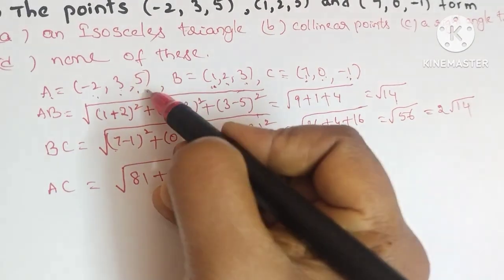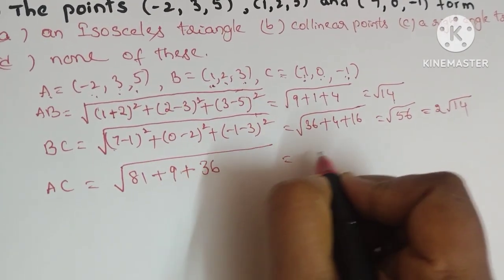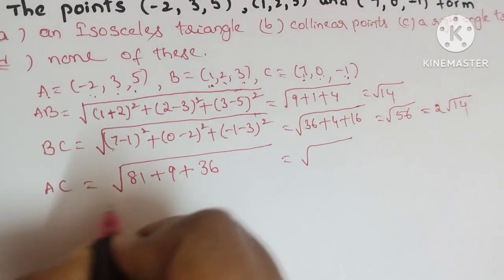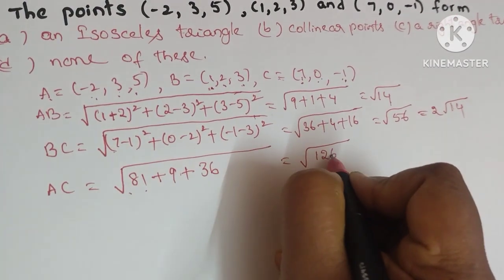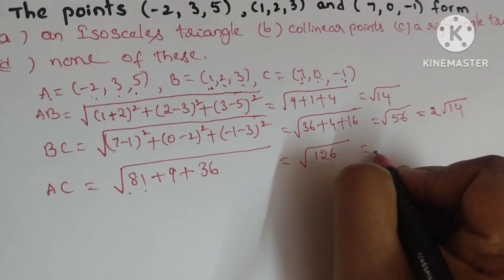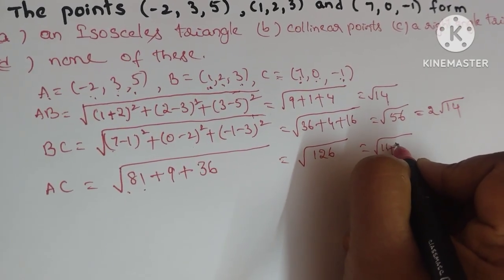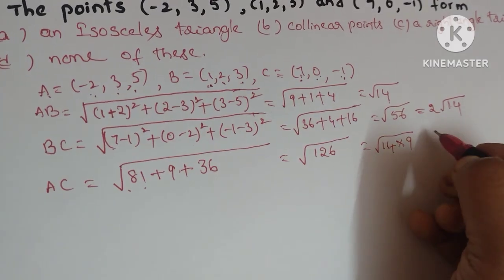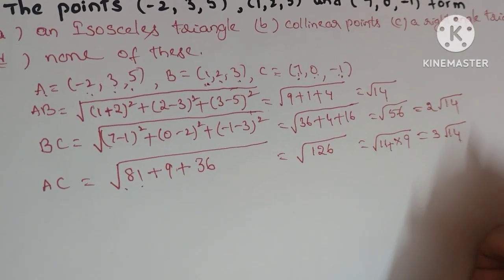Next minus 1 minus 5, that is minus 6, 36. It is 81 plus 9, 90, 90 plus 36, 126. So 126, how can we write? 14 nines are 126. That is 3 root 14.